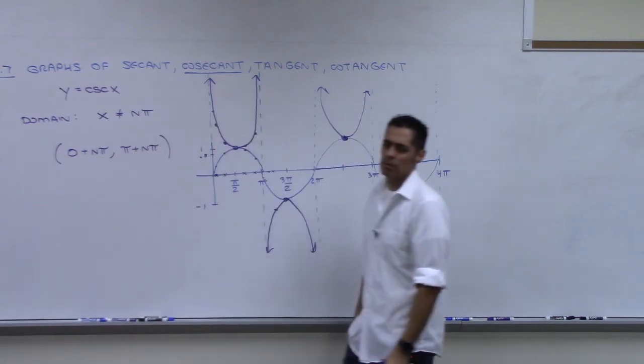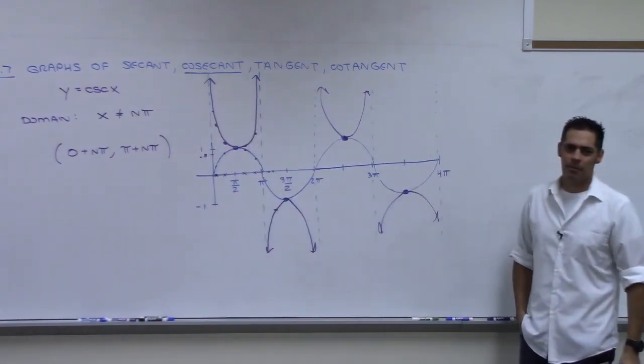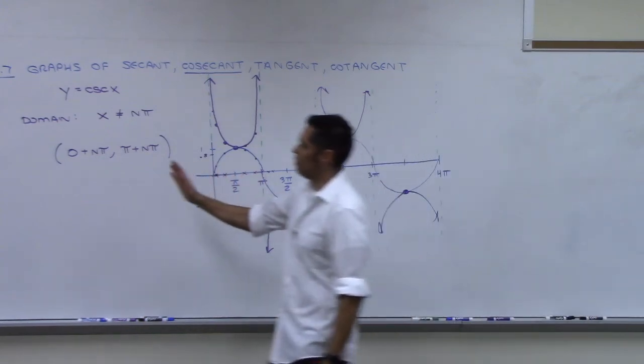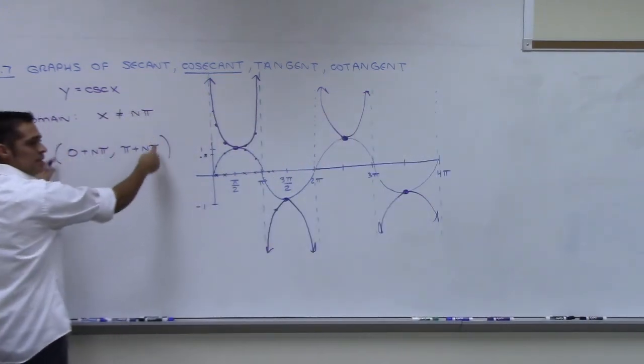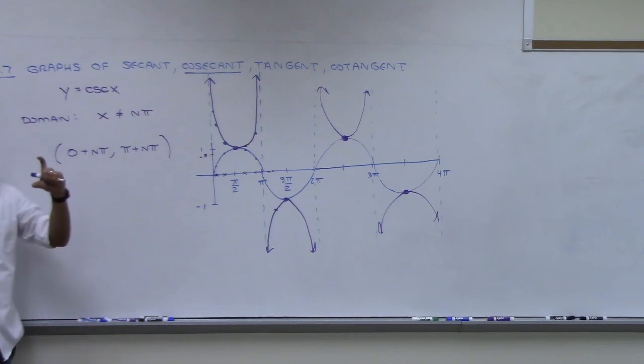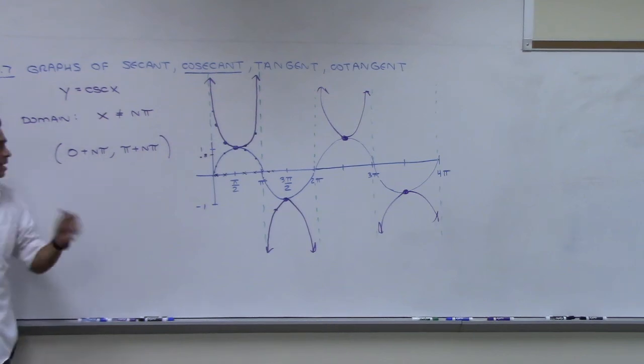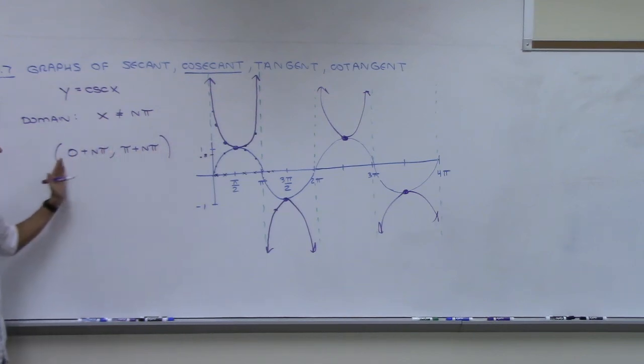That way you can think about it. So look at this. I used parentheses. Parentheses mean do not include the endpoints, right? Brackets mean include the endpoints. So this is saying do not include the endpoints of this interval. Okay, so let n be 1. Let n be 1 and tell me what that interval is.